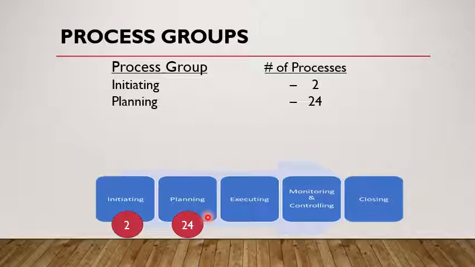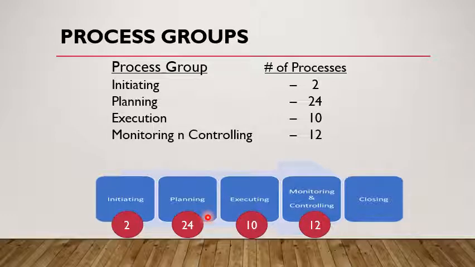These 24 processes are called the planning process group. 10 processes we apply during the execution stage of the project life cycle. These 10 processes constitute the execution process group. Similarly, 12 processes constitute the monitoring and controlling process group, and 1 process makes up the closing process group.